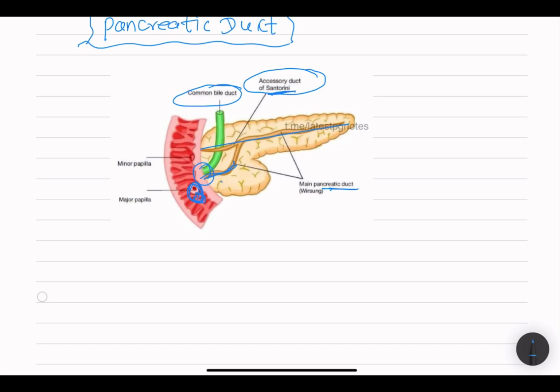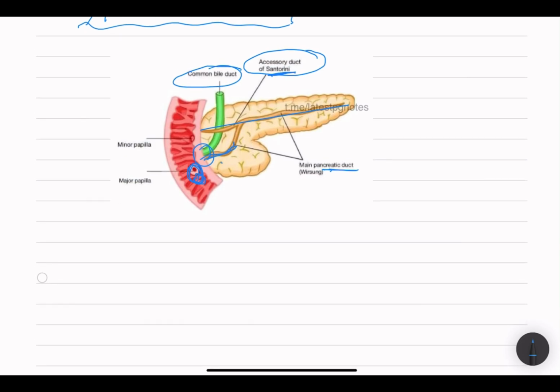So we have to be careful if they ask which duct is the main duct which is combined and opens into the duodenum. So this is the major papilla formed by the main pancreatic duct and common bile duct.